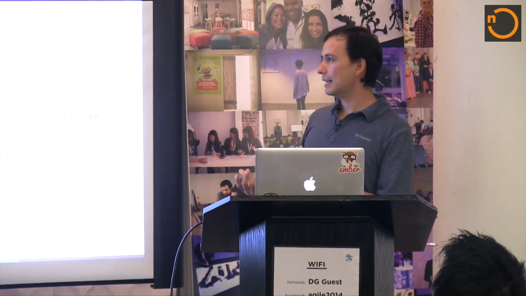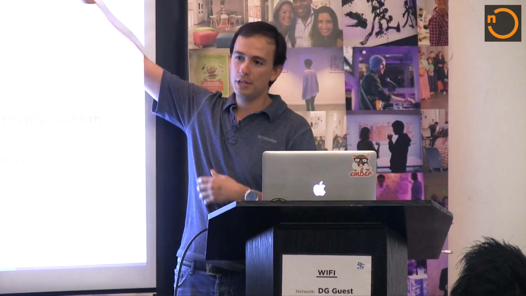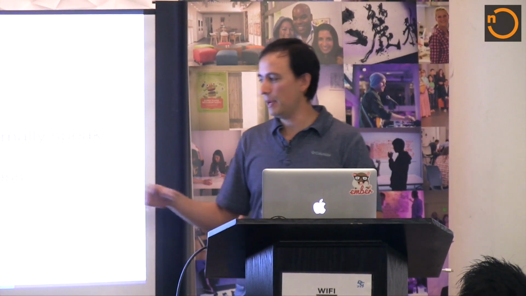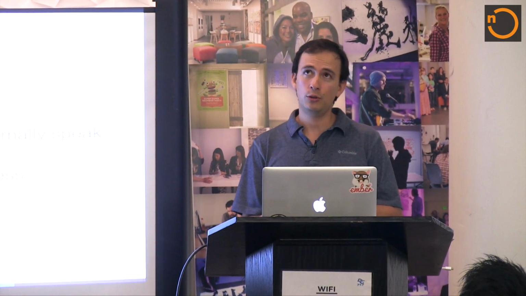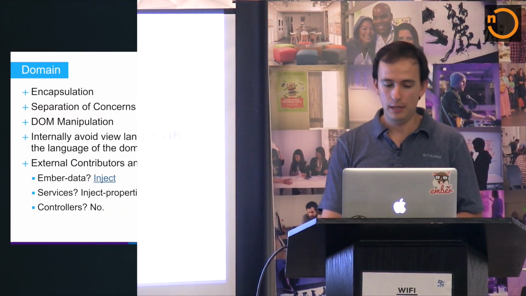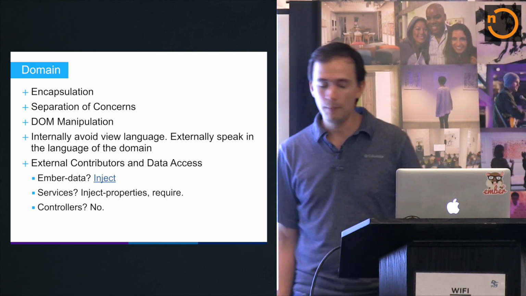So for us, it makes sense to make a strong separation. If it's a widget, it probably makes less sense for it to have its own data access. If it's a domain-specific component, it usually makes more sense for them to be responsible, not exactly for knowing how to get their data, but at least they know who to ask for their data. So they might not get their data directly, but they might go through Ember data.